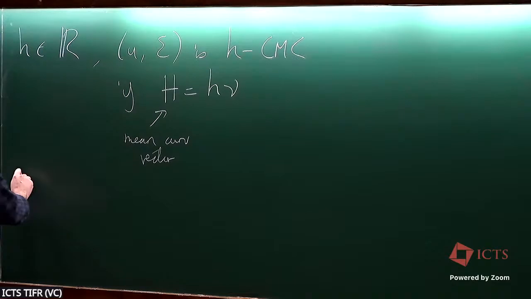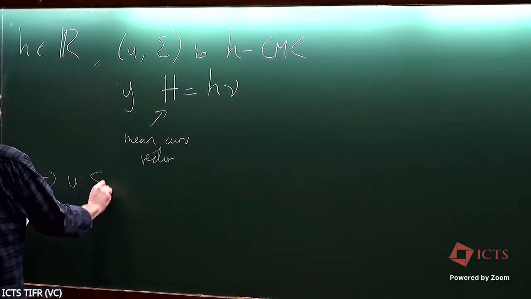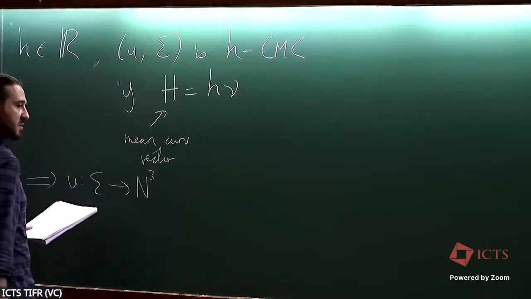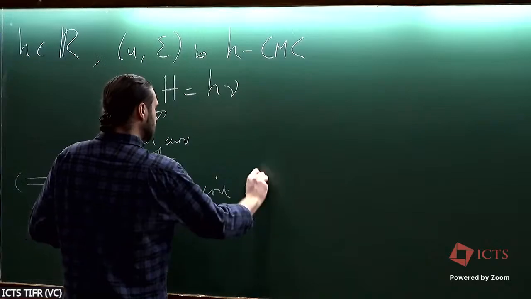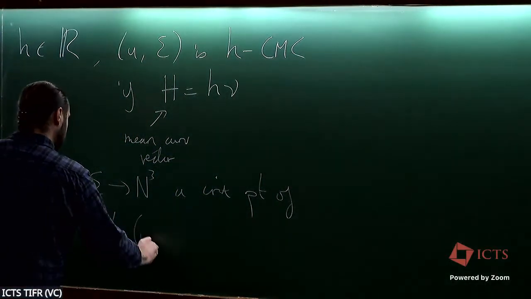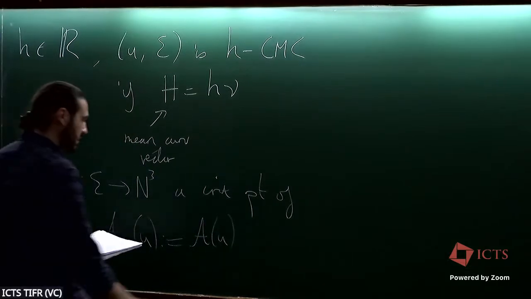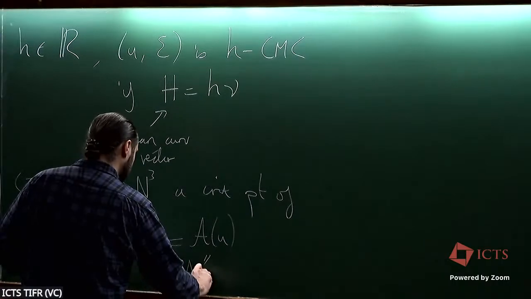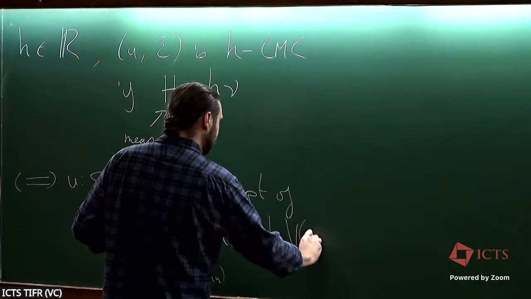Or equivalently, that u from sigma into my three-manifold is a critical point of the following functional, which is the area of u plus H times some kind of enclosed volume.